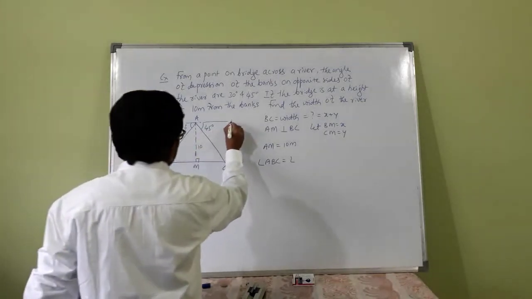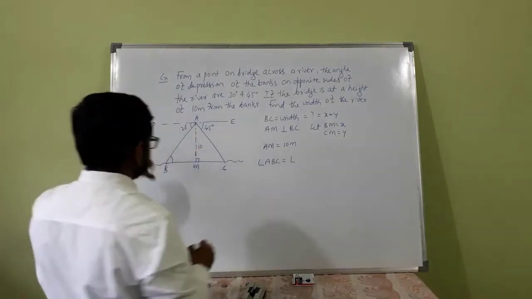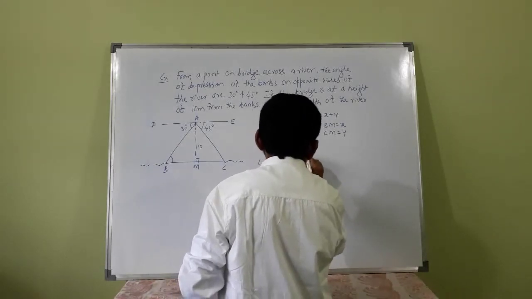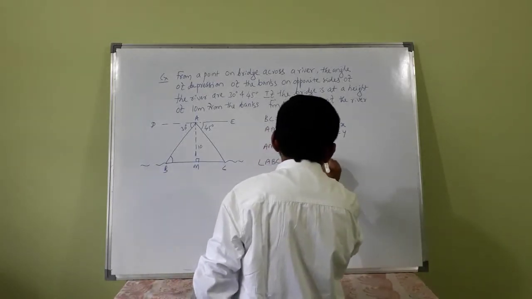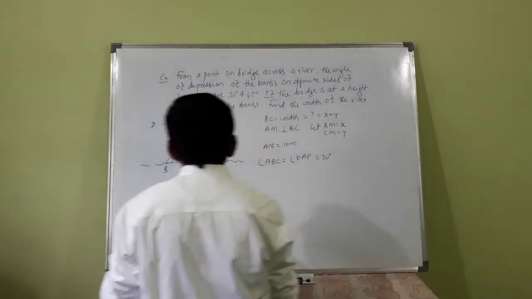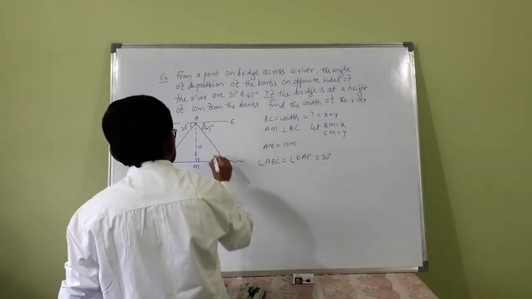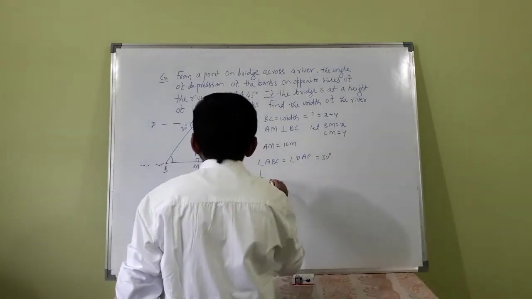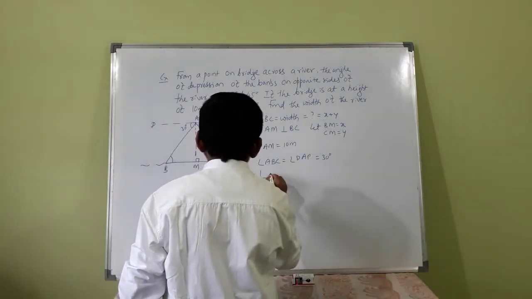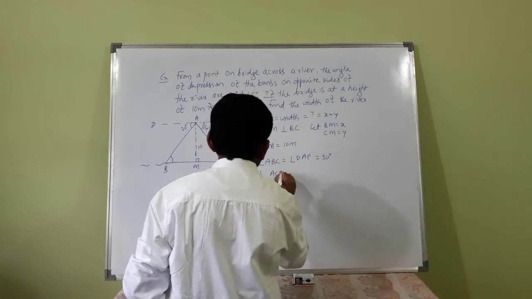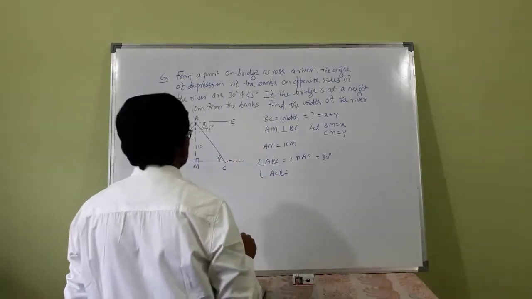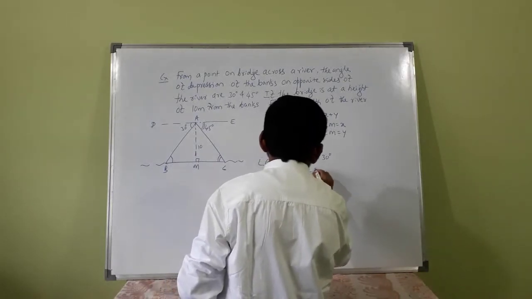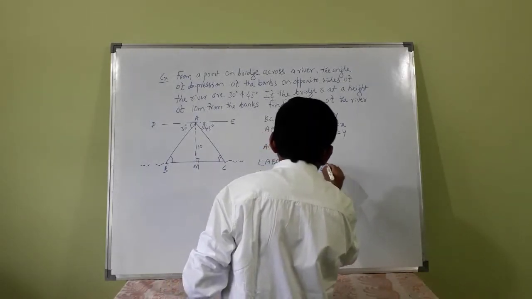Suppose this is D and E on the bridge. Angle DAB is equal to 30 degree. And suppose this is also the same: angle ACB is equal to angle EAC. Angle EAC is equal to 45 degree.